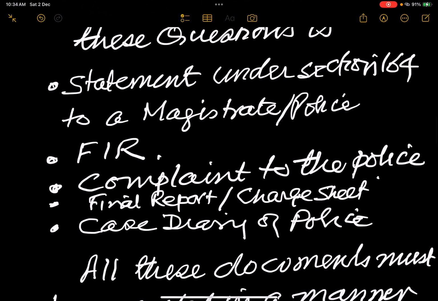Then a first information report. If not an FIR, a simple complaint to the police. Then the police may investigate and file a final report or a charge sheet. Till the police files the charge sheet and the investigation is on, there is the case diary of the police.